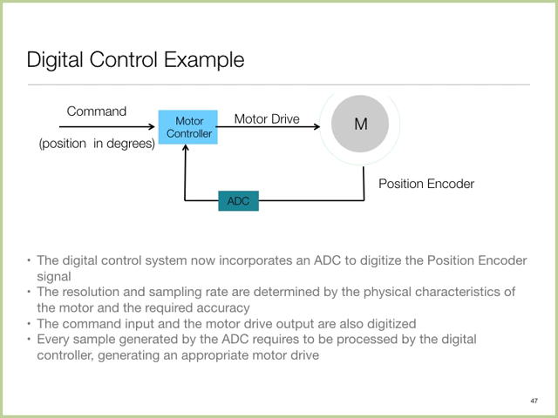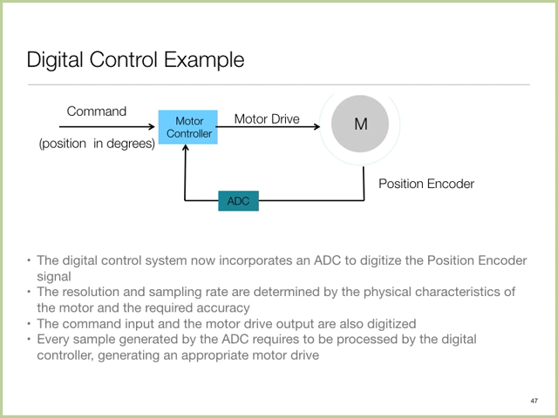Oftentimes this situation happens: I'm trying to control something, everything is steady state, and yet our whole system operates in this manner. This is where we can bring to bear our intuition that if things aren't changing, then I can increase my sampling period. Basically, I can reduce my sampling frequency.